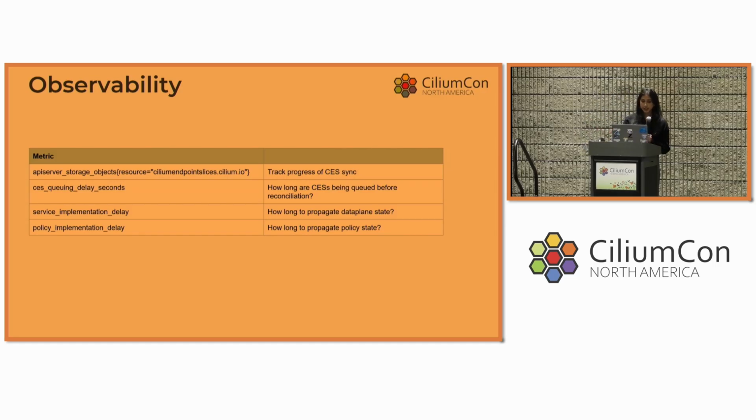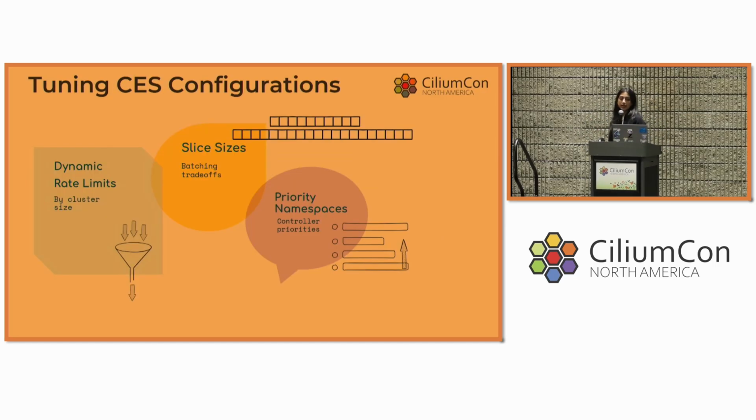So I want to switch tracks here into how exactly you can tune CES to optimize it for your cluster and for your scenario. So one configuration that you might look at is the dynamic rate limiting that we have in the CES operator.